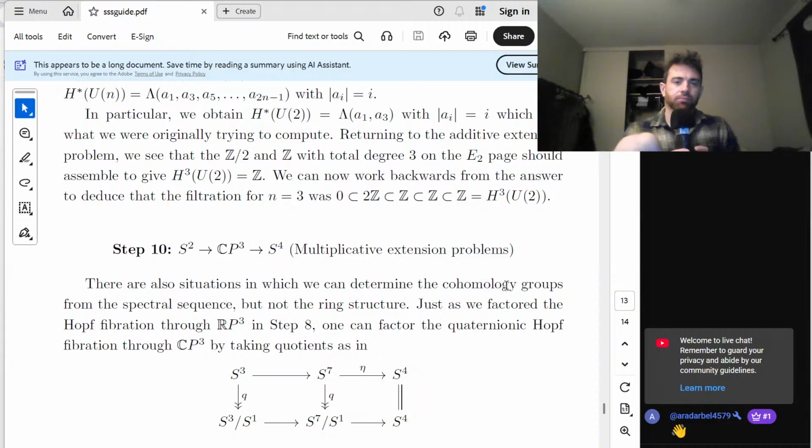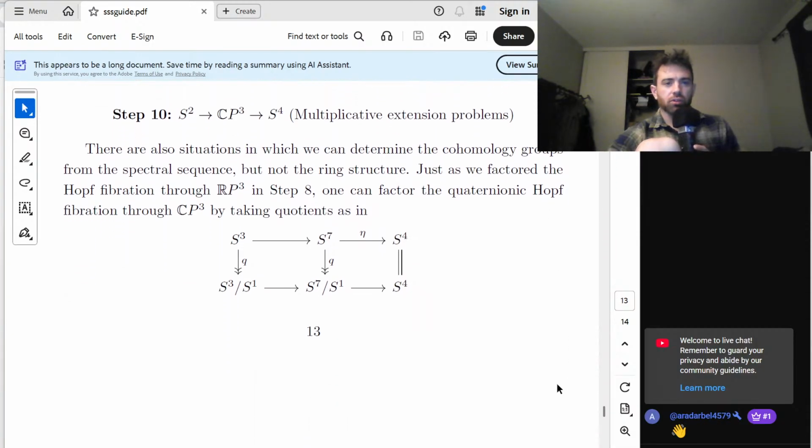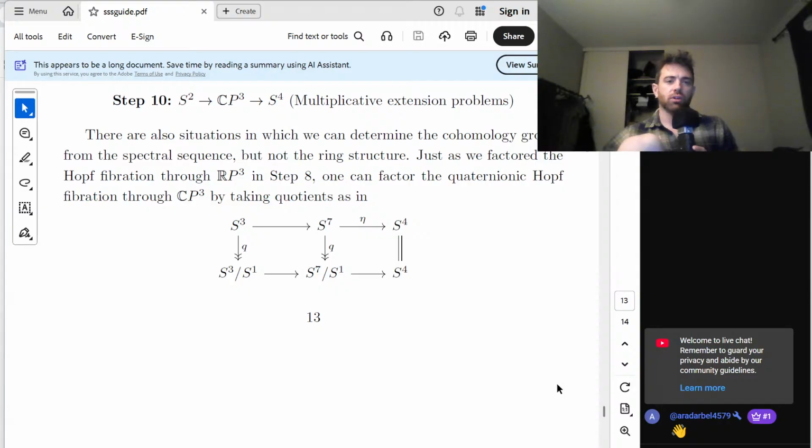Sure. Finally, we have the multiplicative extension problems. There are also situations when we can determine the cohomology groups, but not the ring structure.